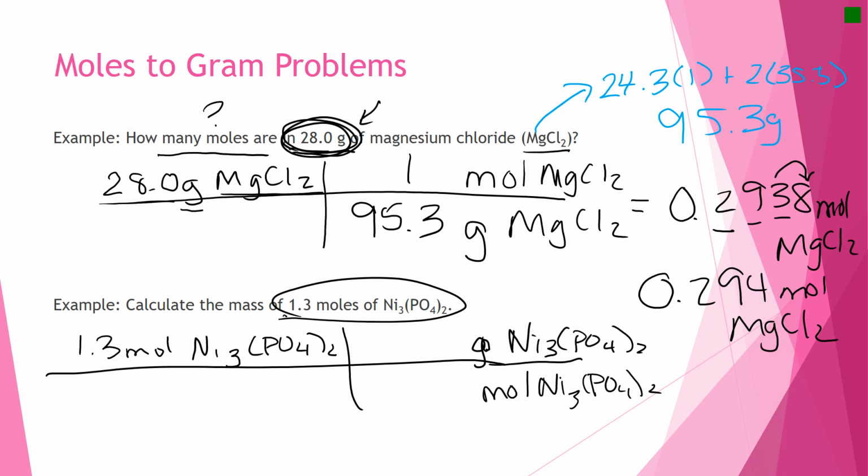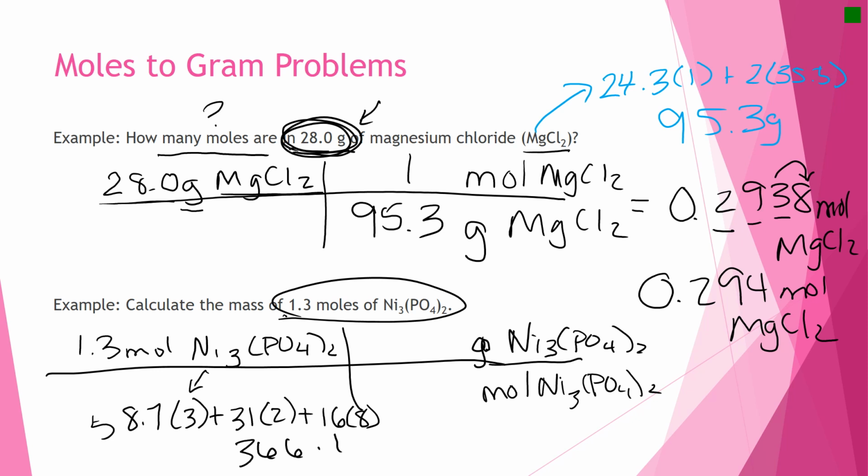So we've got nickel is 58.7, and I've got 3 of them. P is 31, and I've got 2 of them. And oxygen is 16, and I have 8 of them. So when we add this up, we get 366.1 grams.